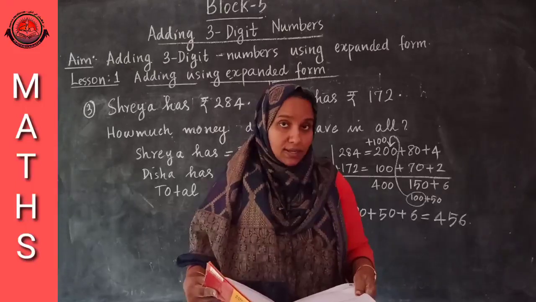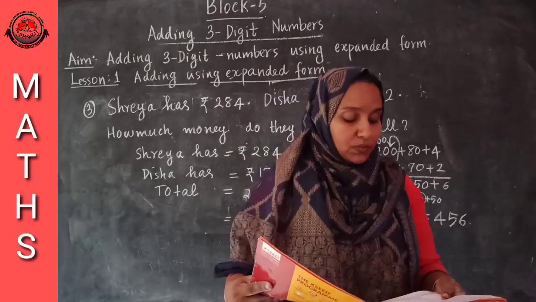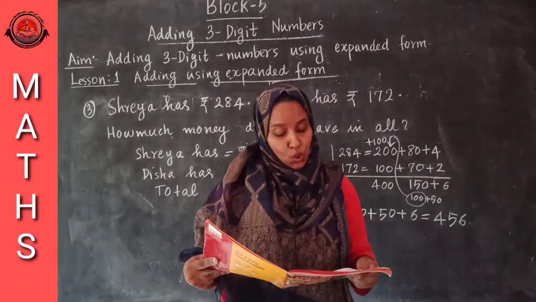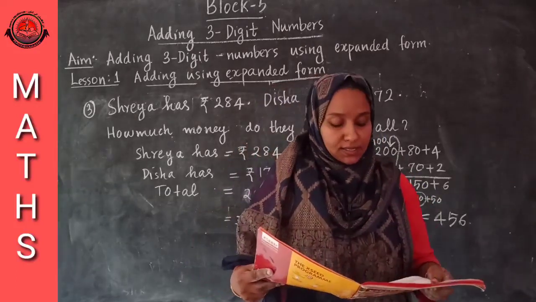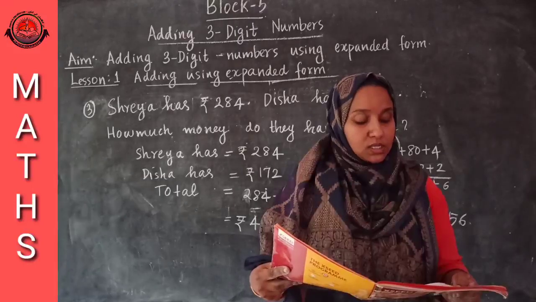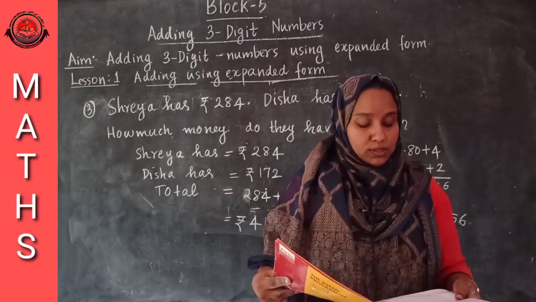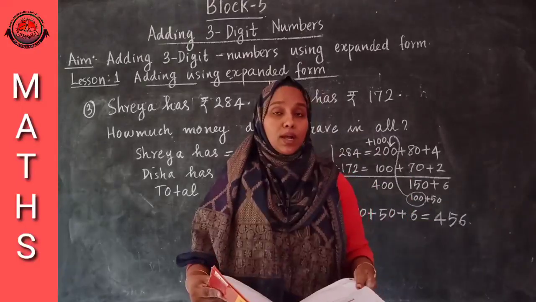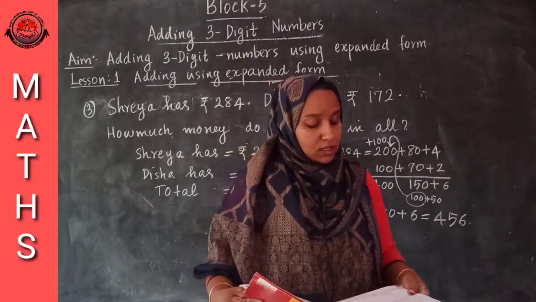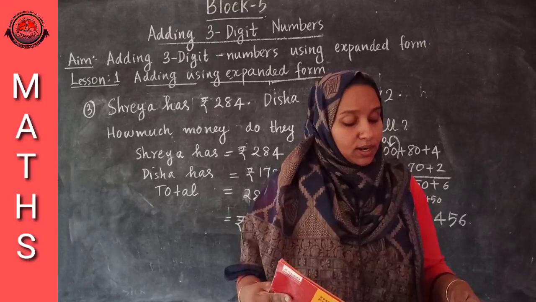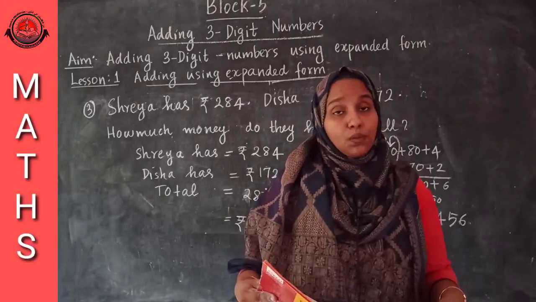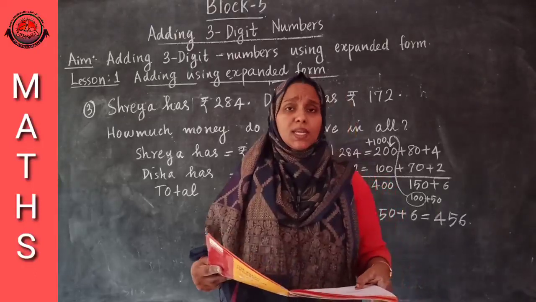Next is a story problem. So you have to write its steps. 255 men and 124 women are watching a show at the circus. How many people are watching the circus? That's the question. So we have to find out the total number of people watching the circus. So you have to add 255 plus 124, using expanded form.